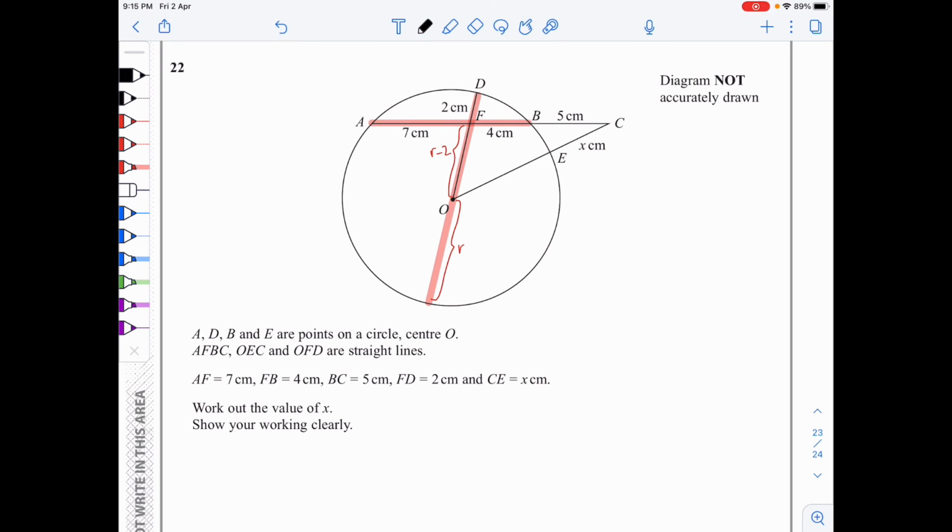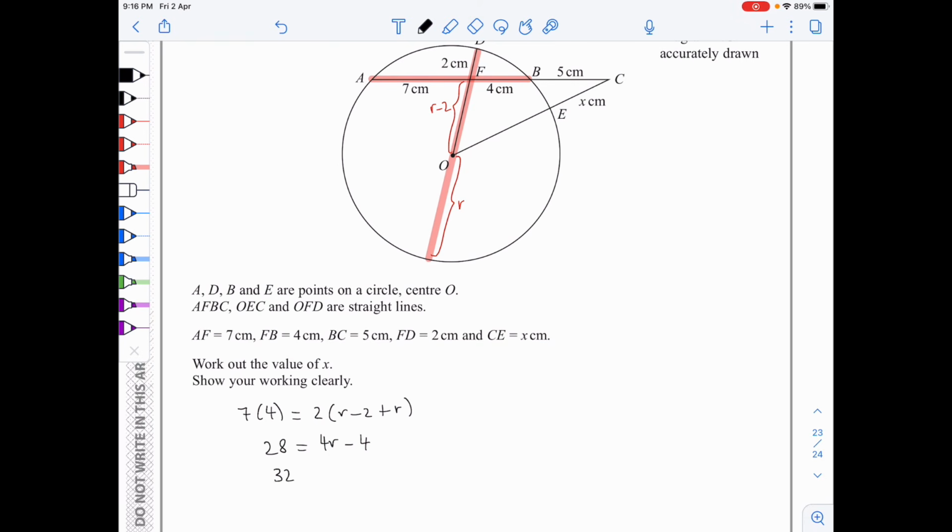So what I can say is that 7 times 4 is 2 times r minus 2 plus r. So 28 is 4r minus 4, leading to 32 is 4r, and so r is 8.